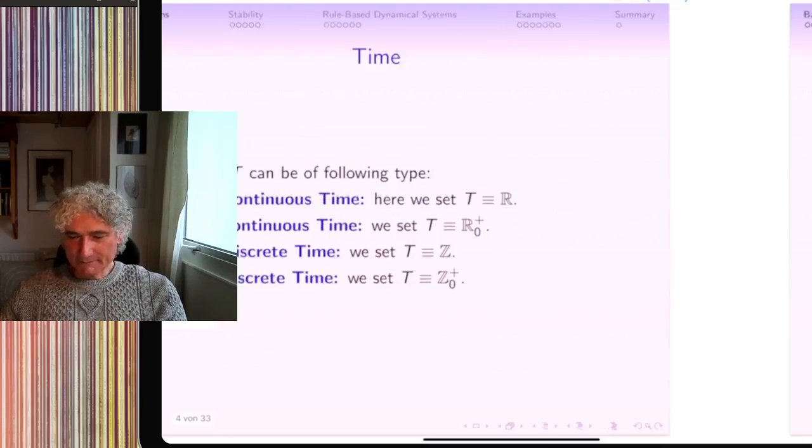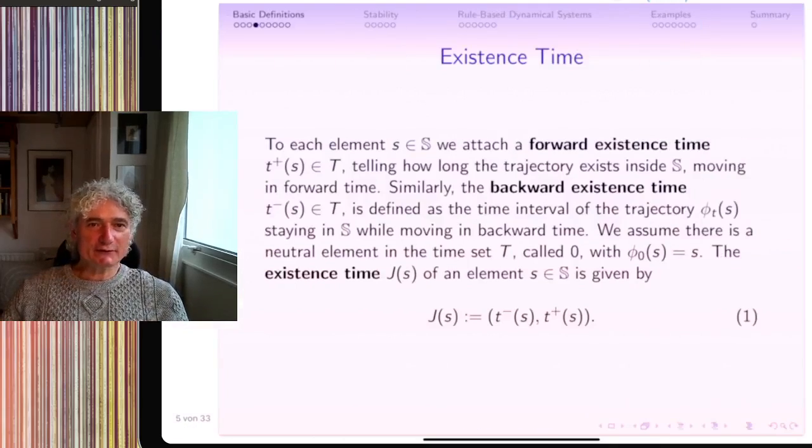Okay, so we have to introduce some really basic notions that are important in dynamical systems theory.